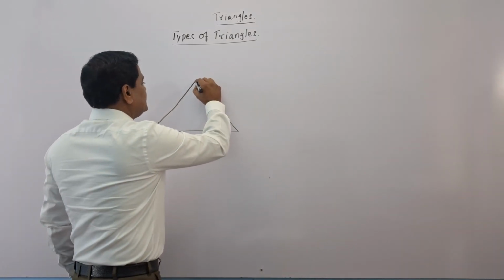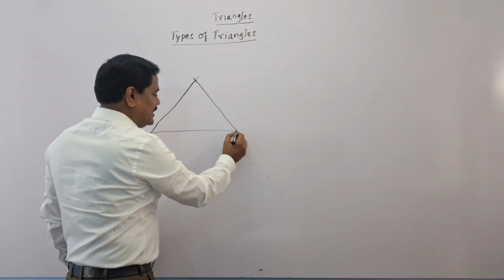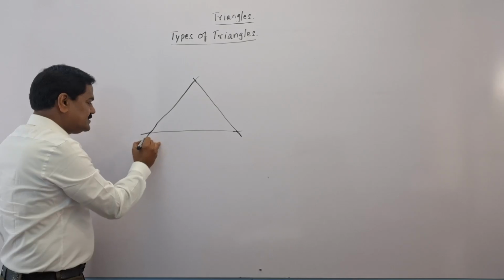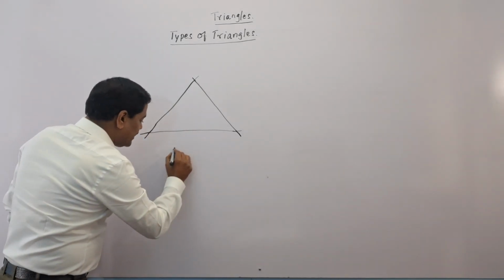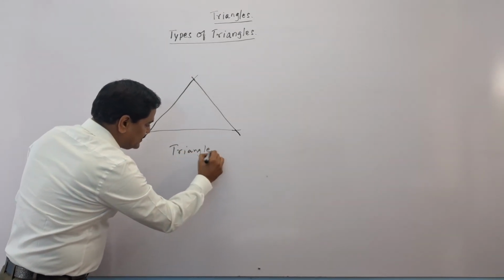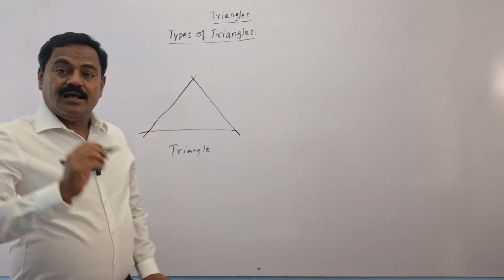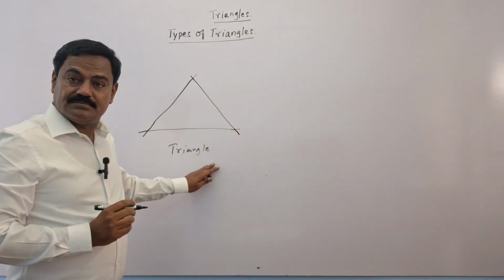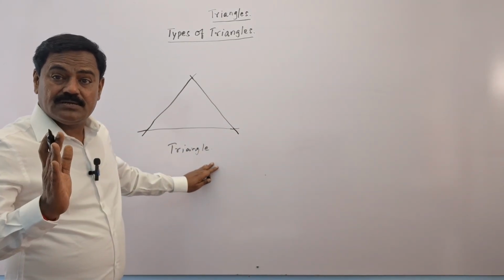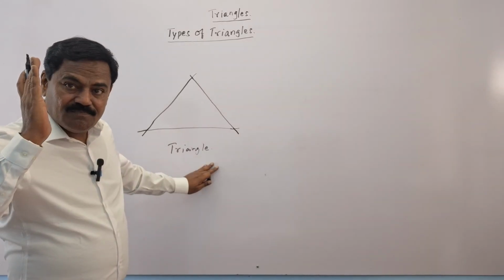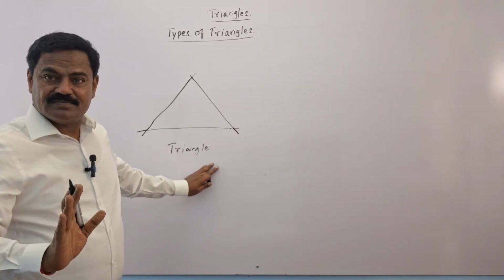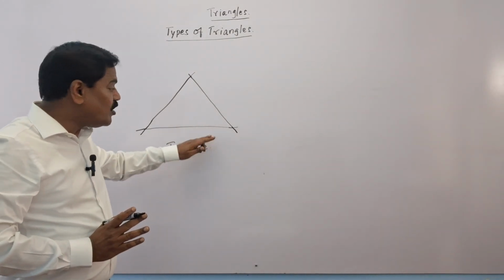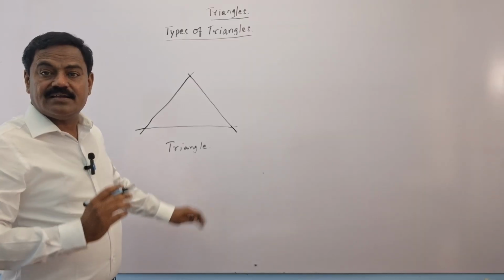You can see three lines are intersecting and forming a shape, which is called a triangle. Okay, I told you it's a simple polygon. A polygon is the shape formed by the intersection of lines. When three lines are intersecting and forming a shape, it is called a triangle.